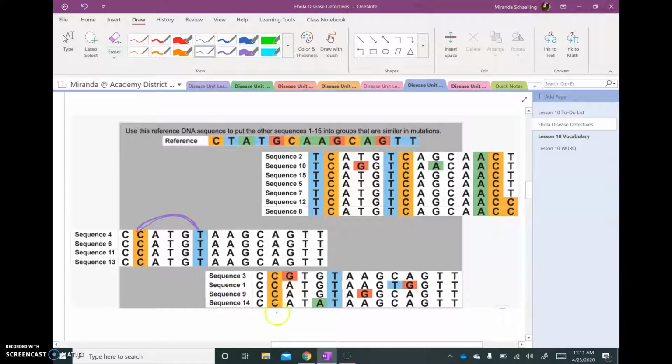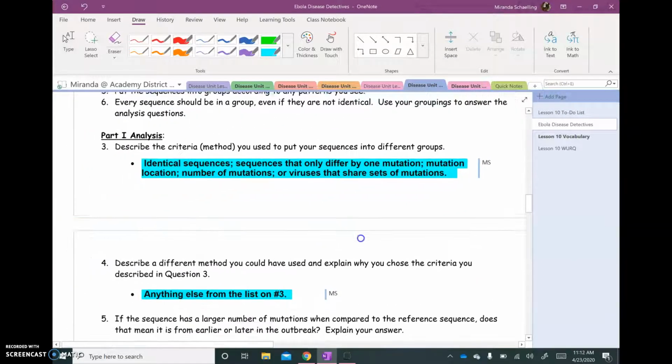And then in this group, we had these two mutations and then random other ones. And in this group, all of them had the TC and the AC, and then a couple of randoms too. That's just how my brain worked. Whatever your brain did is fine too.